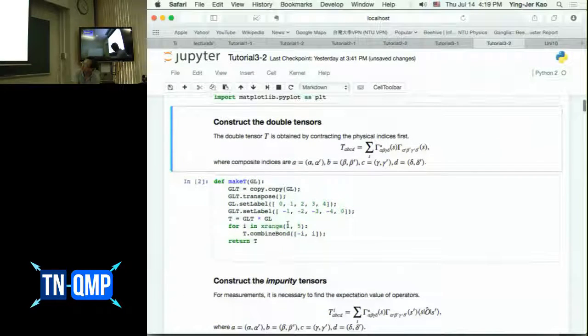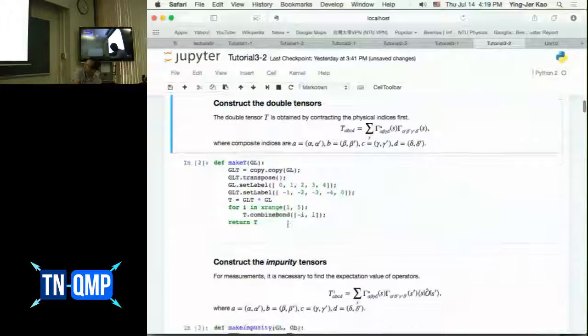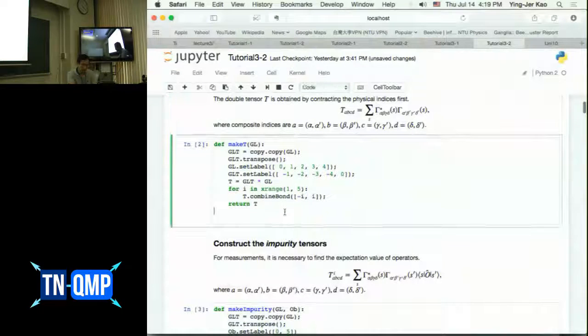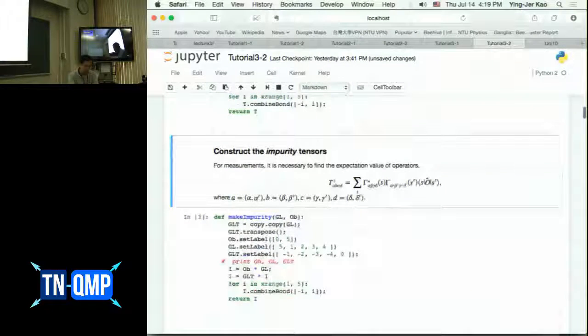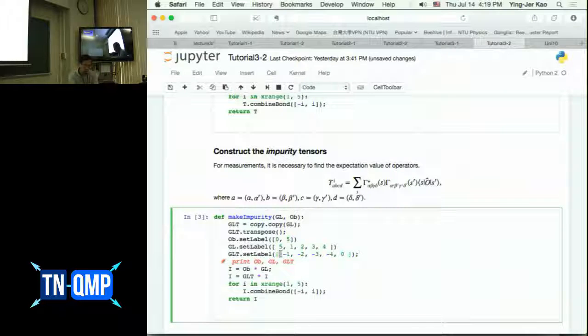We do a combined bond here, basically combining alpha prime and beta prime. Then we can construct the impurity tensor: get the matrix for the operator, and then fold it in.